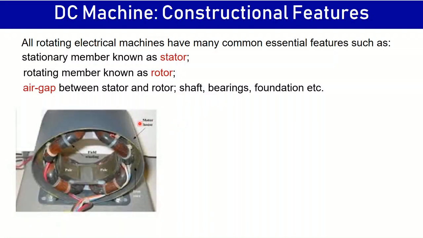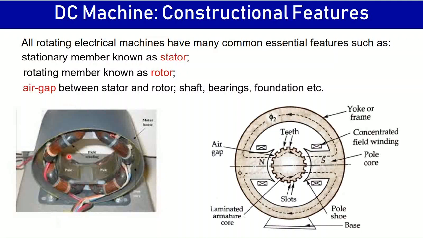This is how the stator of a practical DC machine looks. Here, these are the poles for generating the magnetic field in the air gap. In the poles we have concentrated windings in which DC flows so as to create a magnetic field. If we see the cross section of this type of machine, it looks like this. Here, this is a two pole machine.